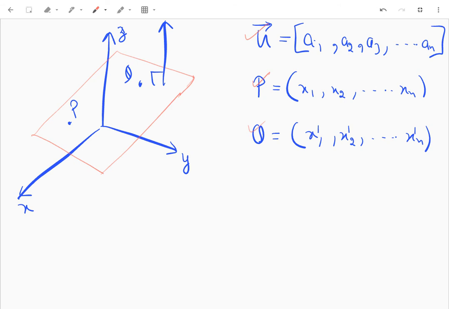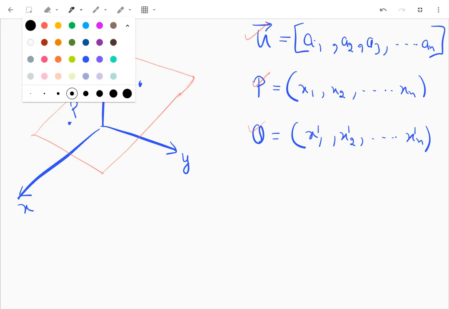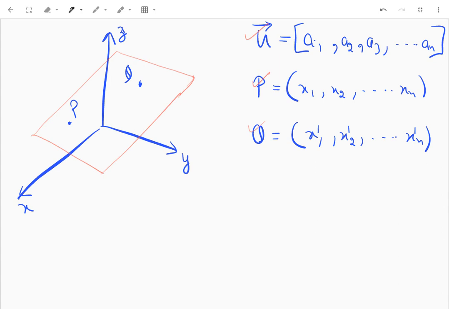Okay. Now the second case, when we have been given a vector, what if this vector is actually parallel, what if this is the vector u? So this actually turns out to be parallel to the vector joining p and q, right?